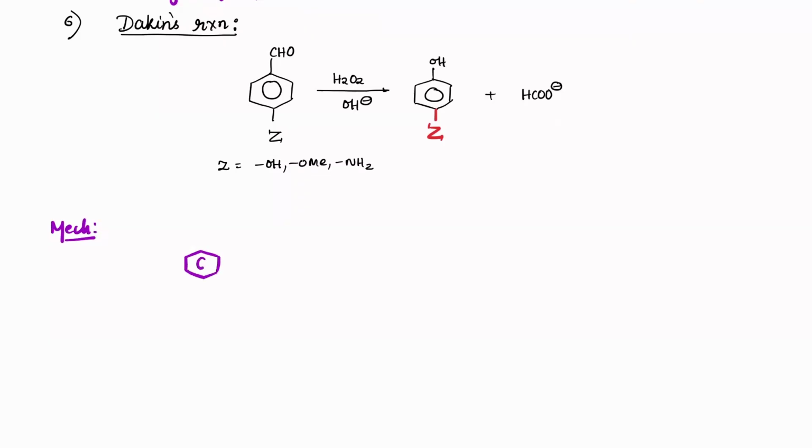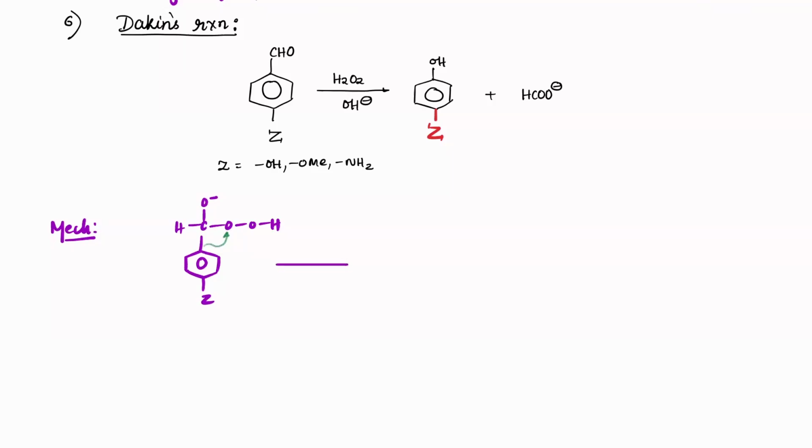I'll just write down the intermediate directly. So you will have a Z here, and then we have this as an intermediate which is forming as C O minus H O O H. This is the type of intermediate which is forming, and from here the migration will take place.